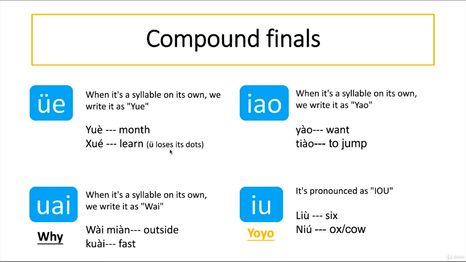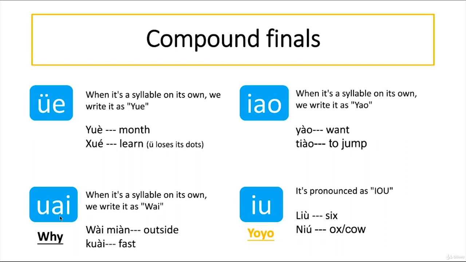The next one, yao, yao, yao. When it's a syllable on its own, we write it as yao. For example, 要 means want, 跳 means to jump. Next, this sound is similar to the word why.